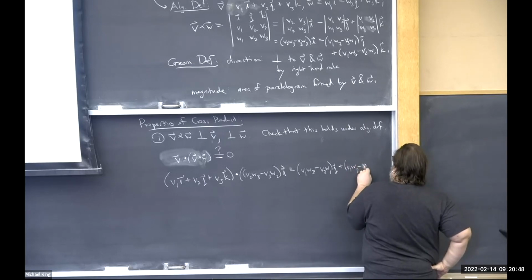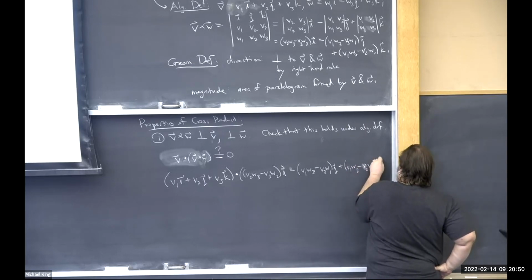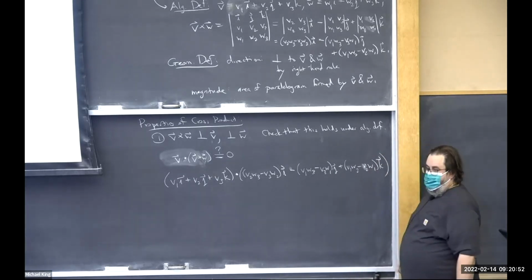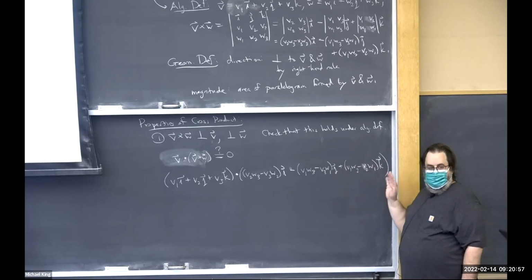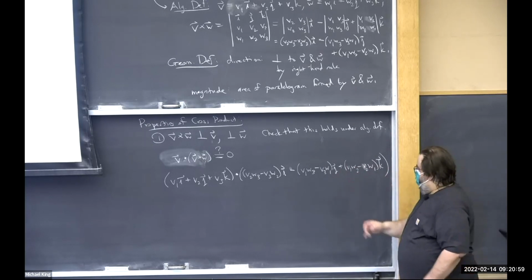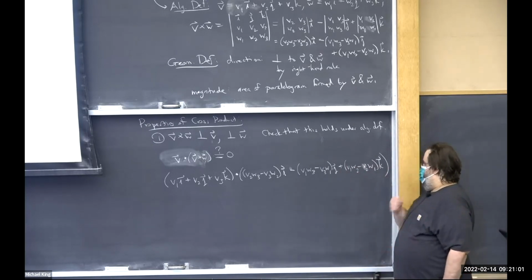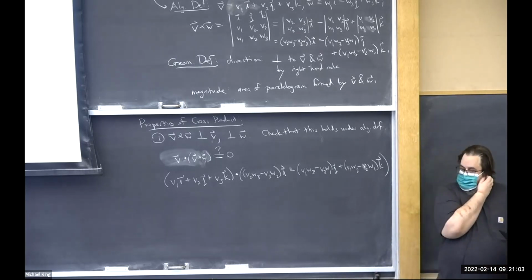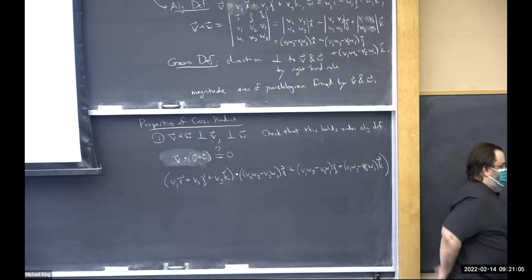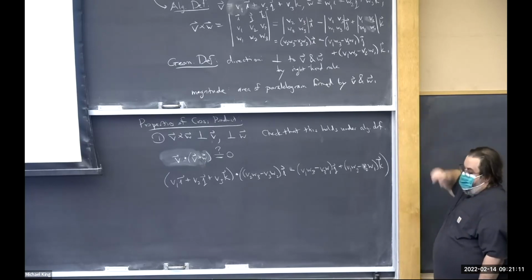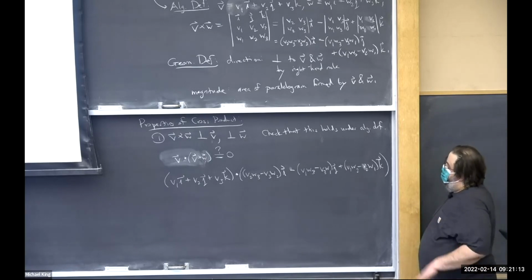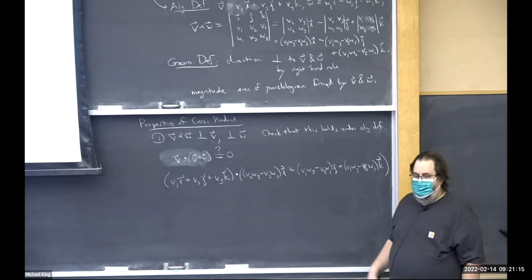Remember, to dot this out you multiply the x components, the y components, the z components, and add them all up. I want you to do it first, not just watch me. Because I claim you're going to get 0, and it might even show you how one might come up with the algebraic definition of the cross product, because it works out perfectly.